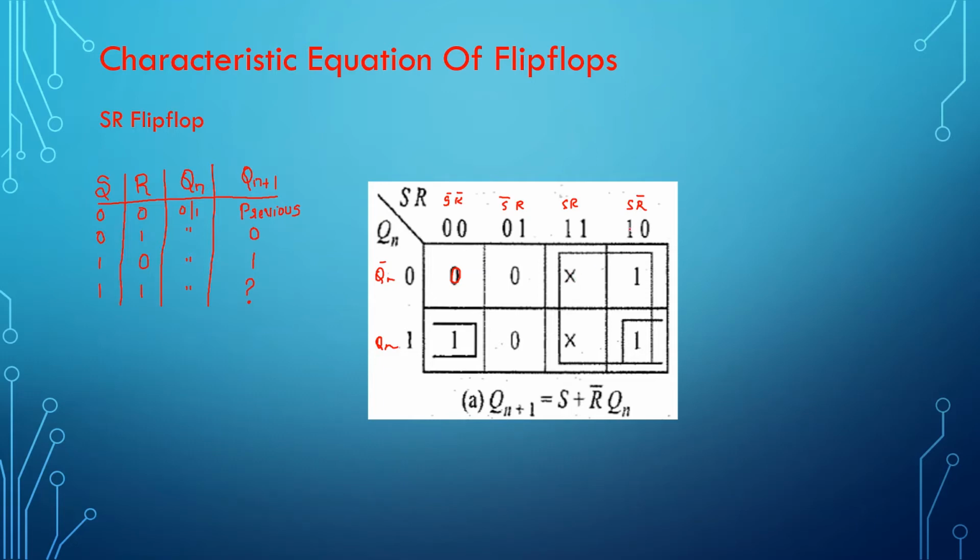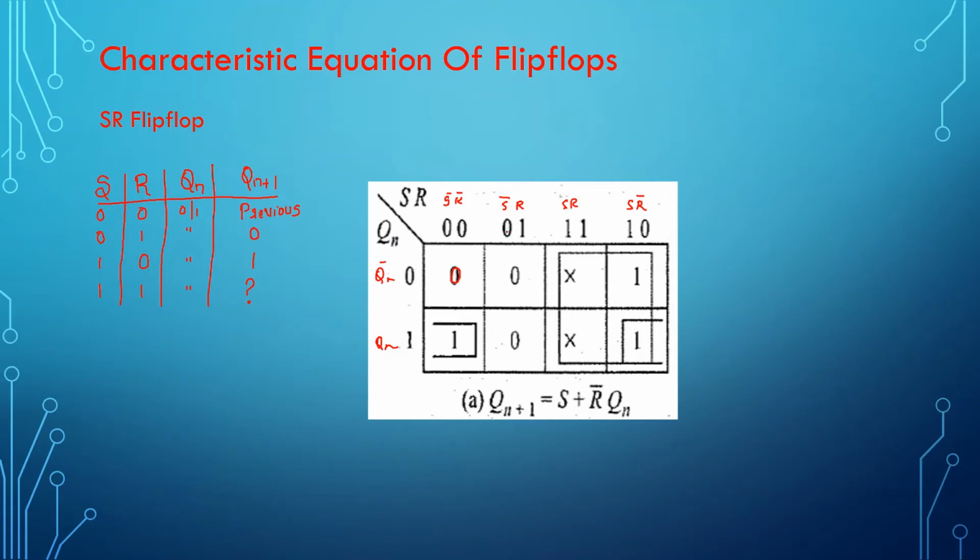If the data given to the flip-flop is 1 and 0, that is set, no matter whatever is the data stored in the flip-flop, it is going to become 1. Similarly, coming to the next row, if the data given is 0 and 0, and the present data is 1, it has to exhibit the same state, that is 1 itself.